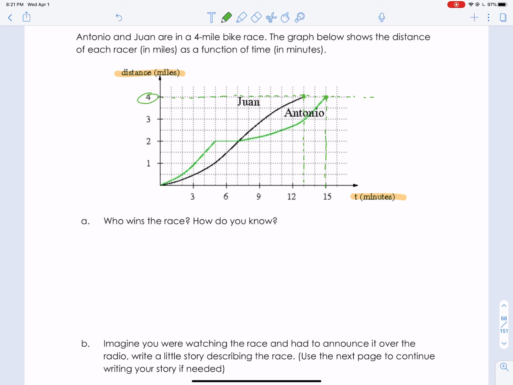So let's look at the green curve. So it looks like it's a little bit steeper, right? So steepness for this case means, think about slope, rise over run, so miles per minute. So that's like speed, right? Miles per hour. So a little bit faster, and then stays actually at the same miles.